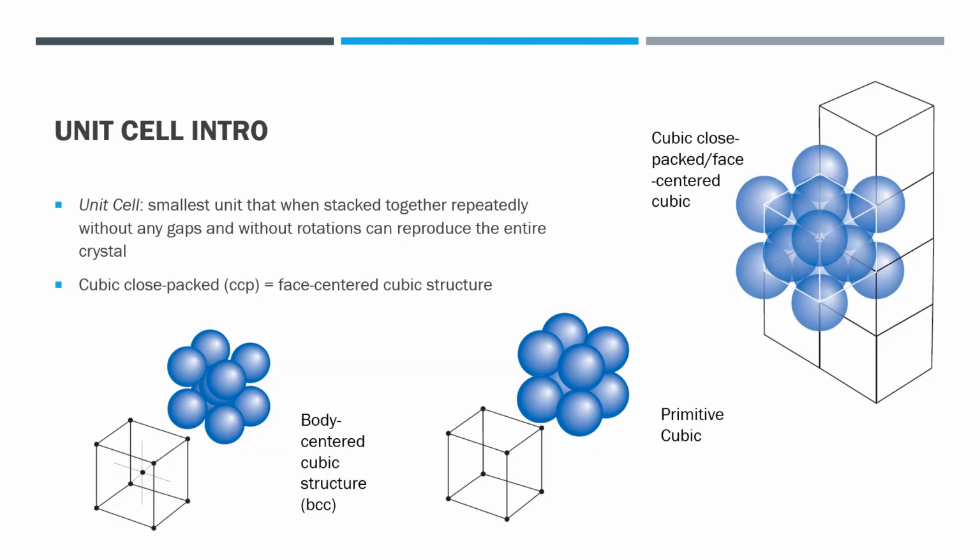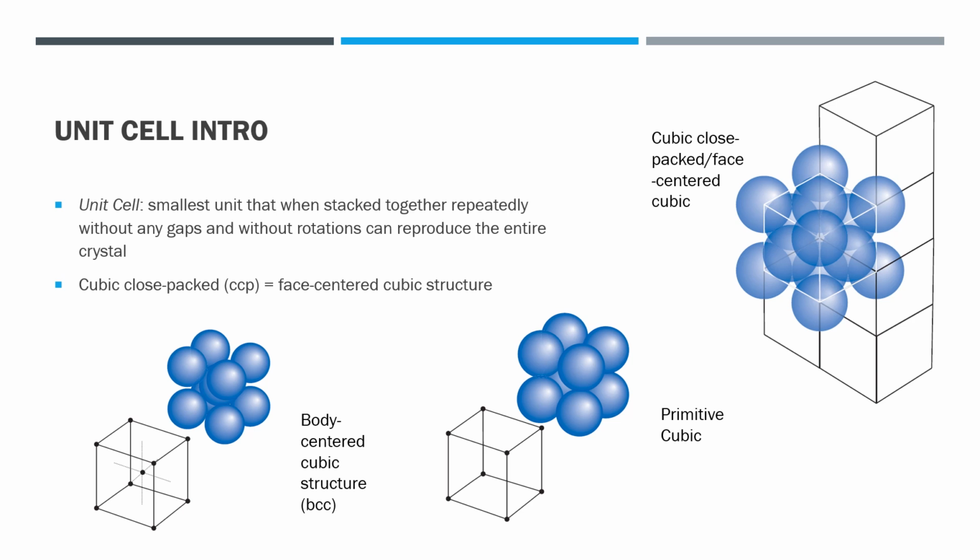All right, so I just want to start off with a quick, rigorous definition of a unit cell. A unit cell is the smallest unit that, when stacked together repeatedly, without any gaps and without rotations, can reproduce the entire crystal. This is exactly what I was talking about previously with NaCl. We take this unit cell and copy and paste it a bunch of times, without rotating, just moving it to the right, for example, or moving it up.